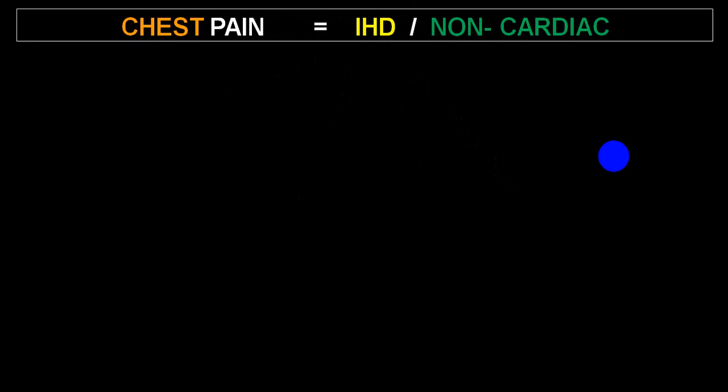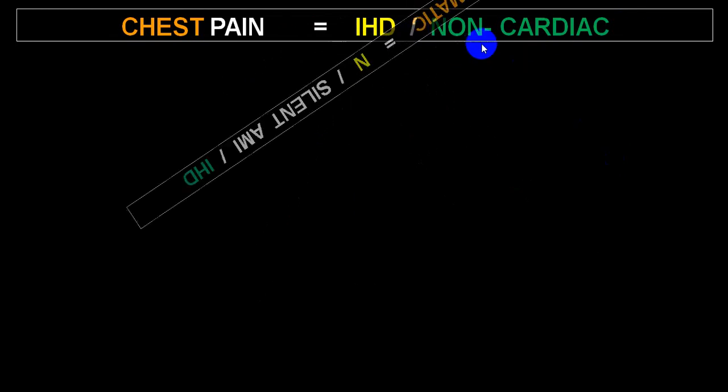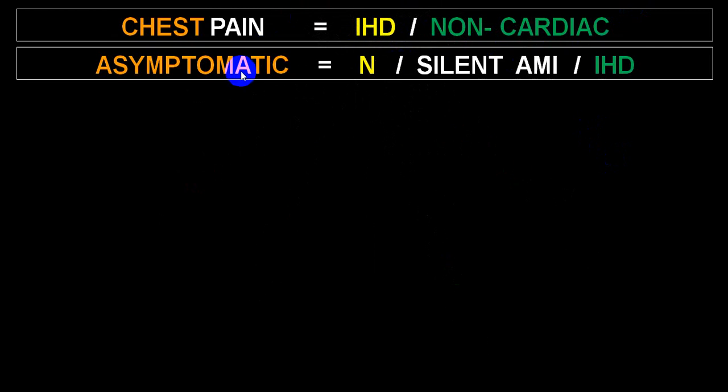Chest pain, just a little introductory part of ischemic heart disease so that we understand STEMI equivalent. Chest pain can be ischemic, can be non-ischemic, or what we call non-cardiac. A good number of times it is asymptomatic. An asymptomatic person can be normal, or can have a silent MI, and a chronic ischemic person can also be asymptomatic.